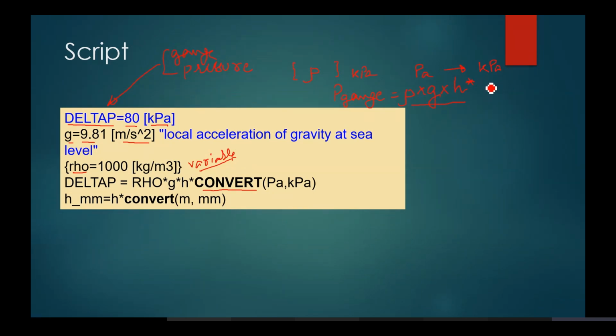So I multiply and I write over here convert what? Convert pascals to kilopascals. So this whole rho gh, which is in pascals, would be converted to kilopascals using this function. Clear enough?